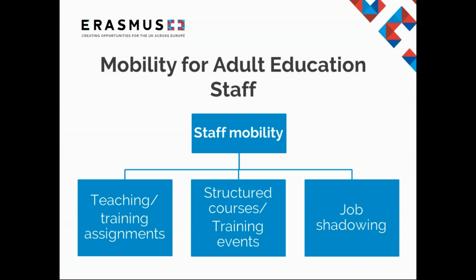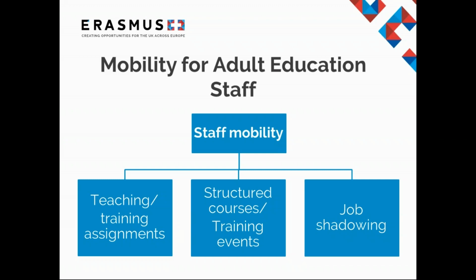The training must respond to clearly identified staff development or training needs, or must contribute to your organization's strategic approach on adult education provision. The learning outcomes of the training must also be appropriately recognized and shared widely with others in your organization as part of the project's dissemination activities.